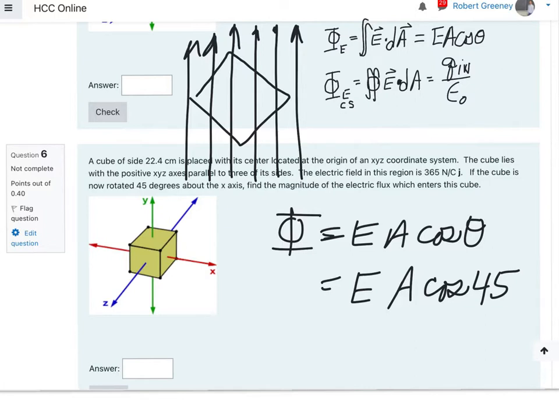Well, it's actually going to be negative anyway because it's entering. That's just one face though. So to get the total flux, you have to take this value of one face and multiply by 2 because both sides are at 45 degrees to the same uniform electric field. And that will give you the flux which enters the cube.